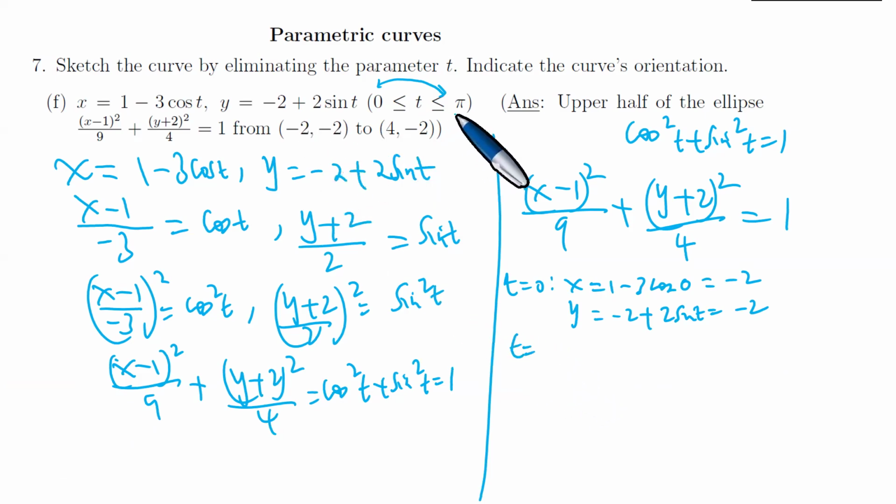The other one, the last one, pi, is going to be 4 because cosine of pi is -1.